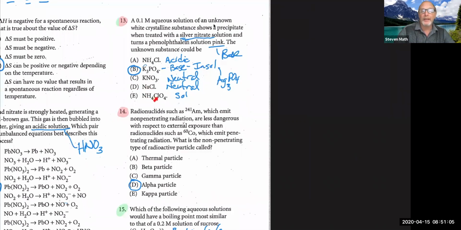NH4ClO4 is going to be soluble, but also going to be acidic from HClO4 perchloric, which is strong, and NH4 comes from ammonia, which is weak. So that one's not going to work out too well. But it's a red question. I recant my green. Okay? 14, radionuclides.